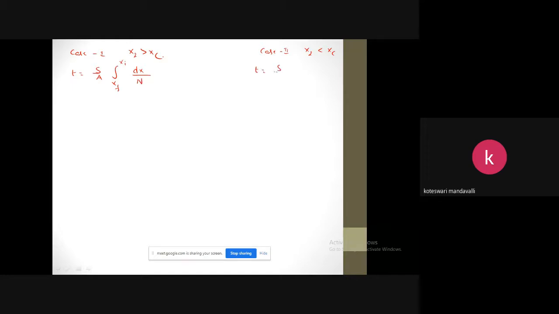Now I will try to see what simplification is possible. So this is the n, and it falls under the constant rate period.